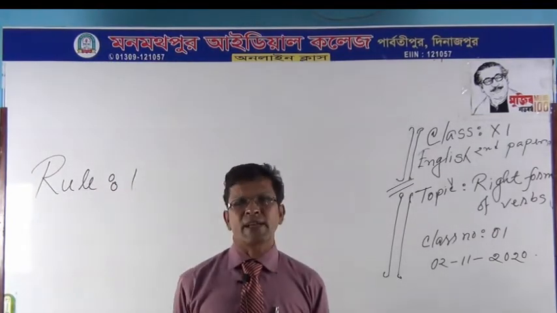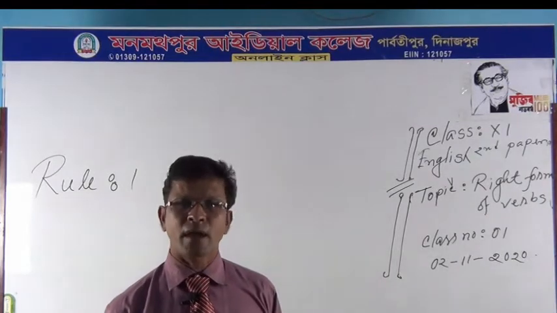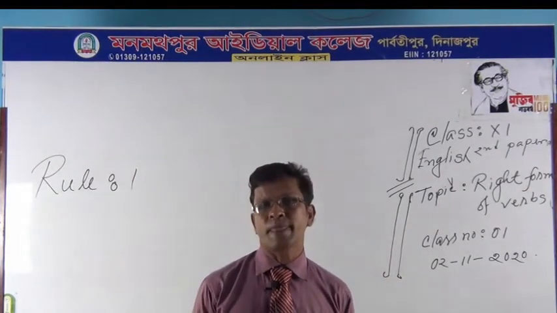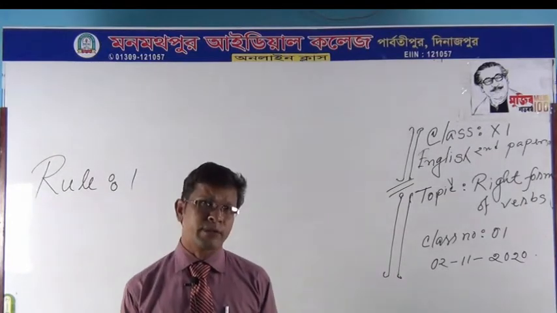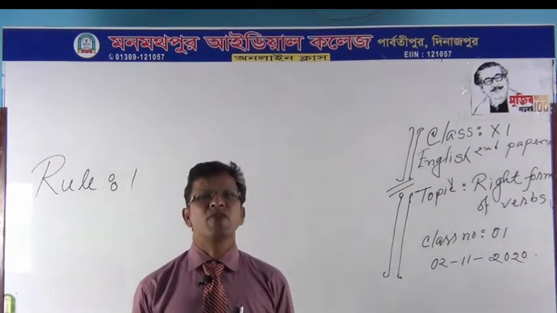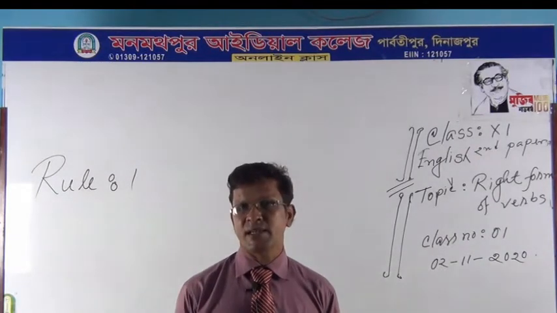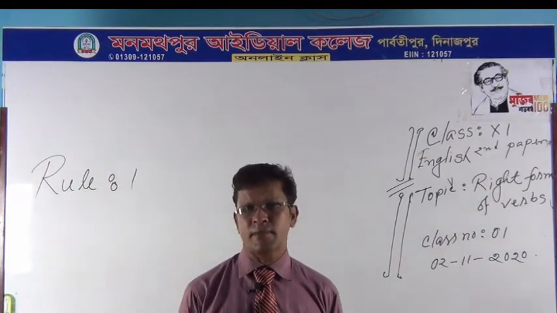If a sentence contains daily, every day, every week, usually, occasionally, normally, scientific or habitual fact, universal truth, you will use present indefinite tense in that sentence. Have you understood?